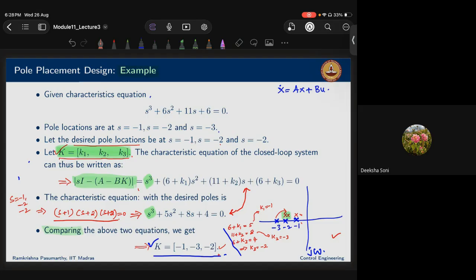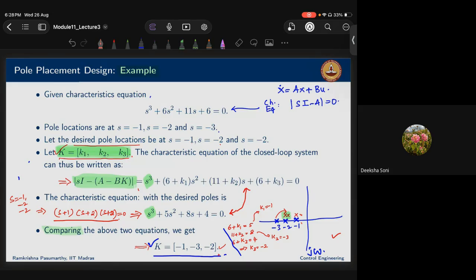You have this system x dot is equal to Ax plus Bu. From the A matrix, you can find the characteristic equation, which is det(sI minus A) equal to 0. Is it clear? Yes, sir. Once you know the A matrix, you can find the characteristic equation. Here the A matrix is not given to you; the characteristic equation is given directly.